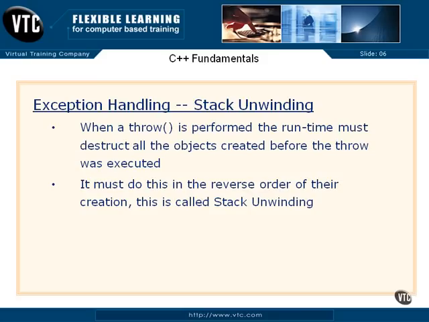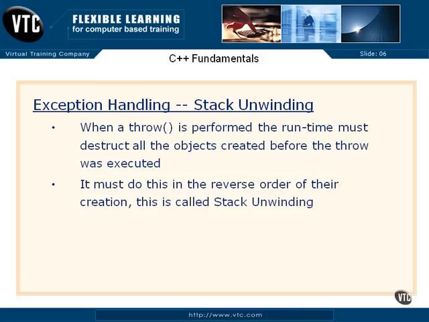So we have to release all that memory, run all those destructors, and then find our way to the catch blocks and see if we can get a catch block that will fit our throw. If there is not a catch block to fit, we will call a function called unexpected. Unexpected simply does an abort, which dumps the rest of the code and exits out of the rest of the program.